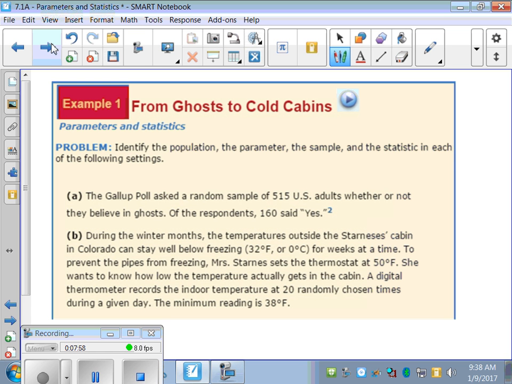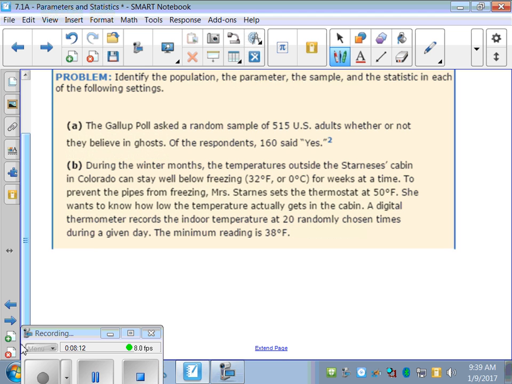Okay, so a Gallup poll asked a random sample of 515 U.S. adults whether or not they believe in ghosts. Of the respondents, 160 said yes. Okay, so for A, let's start by identifying our population. Okay, sometimes things are unknown.